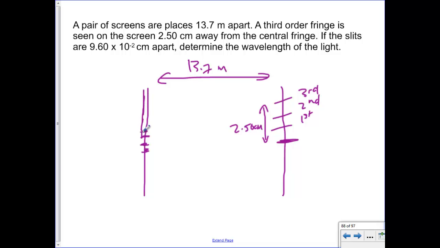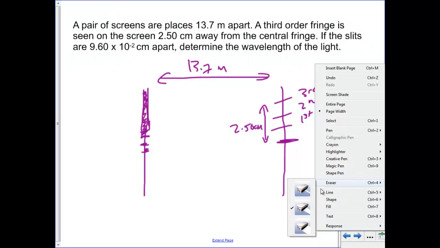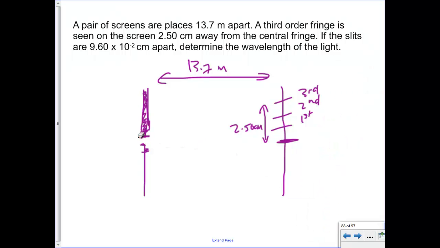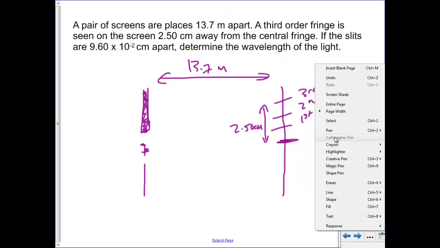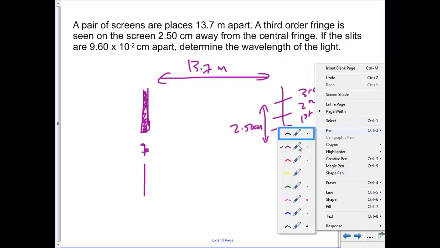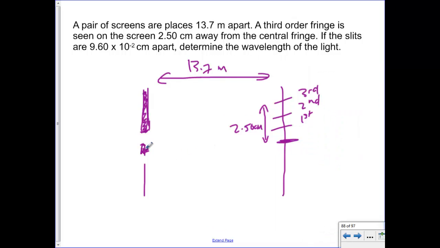And we also get to know how far apart the little slits in the actual, these slits right here, were. That makes sense. So I can draw it nicer. No, I can't draw it nicer. Here, we'll do that. There.